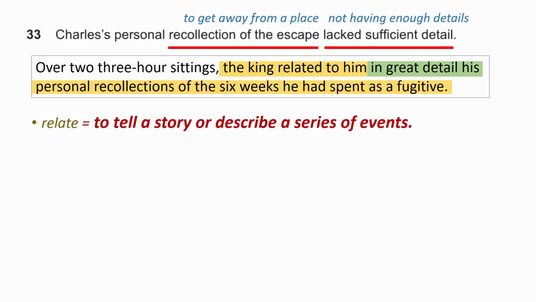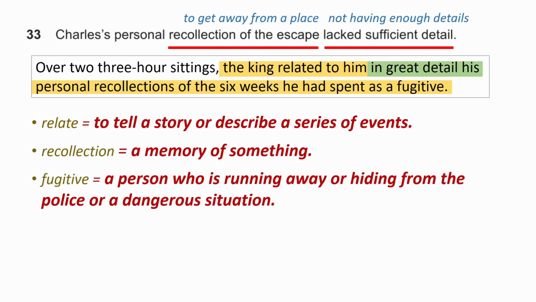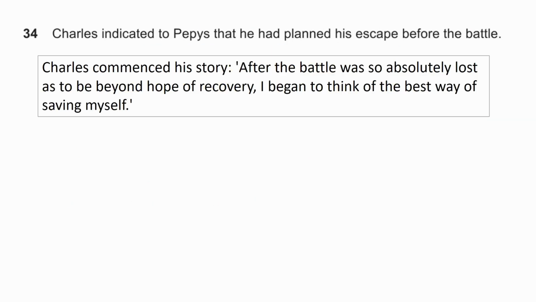Relate, it's a formal verb, to tell a story or describe a series of events. Recollection, a memory of something. And fugitive, a person who is running away or hiding from the police or a dangerous situation. So the statement says it didn't have enough details, but in the text it says it was in great detail. So that's quite the opposite. Therefore, it is no. Next one.